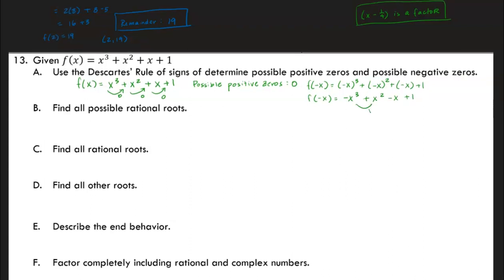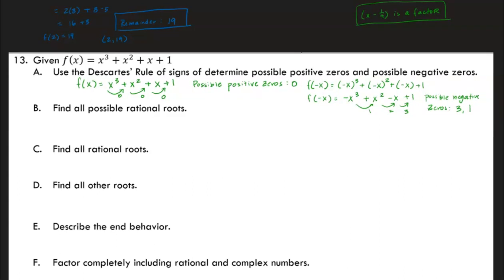One sign change, 2 sign changes, 3 sign changes. So possible negative zeros are going to be 3, and then we reduce this down by 2, so it's going to be 1.